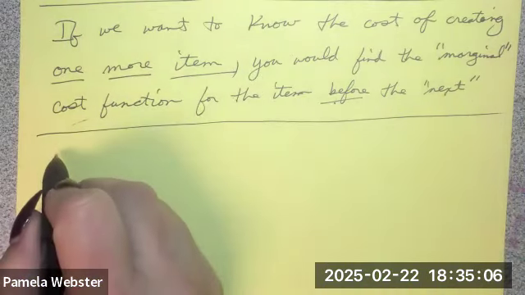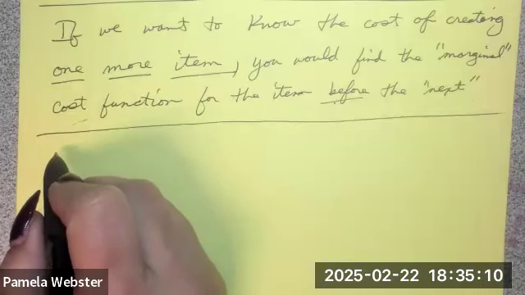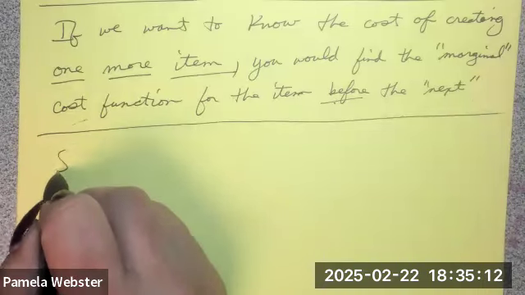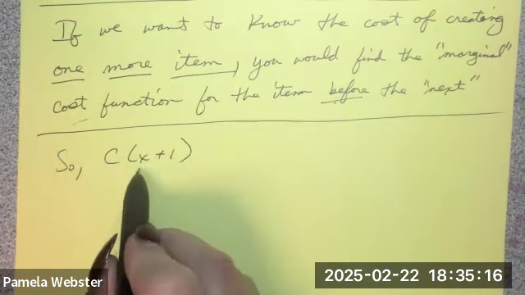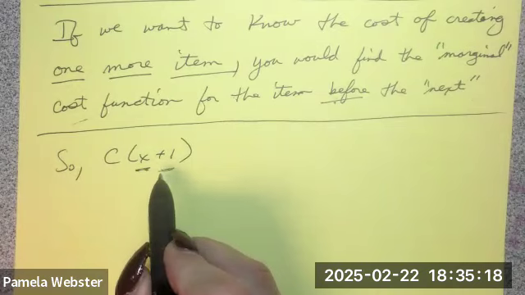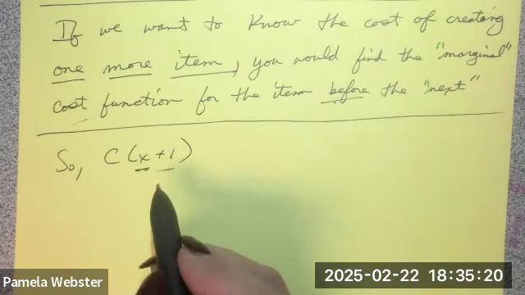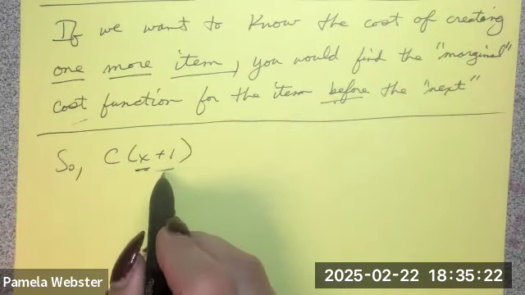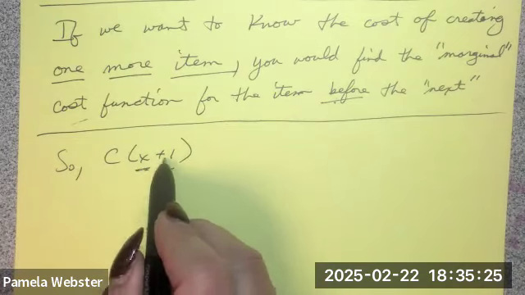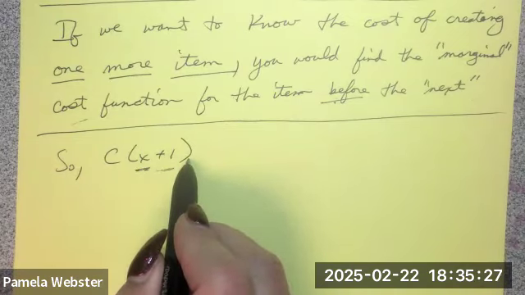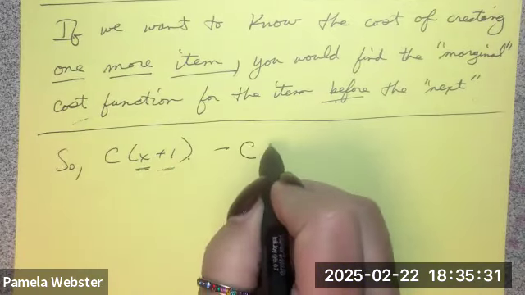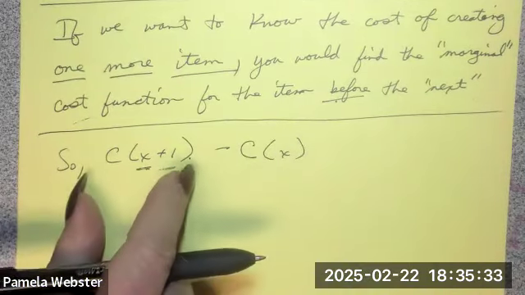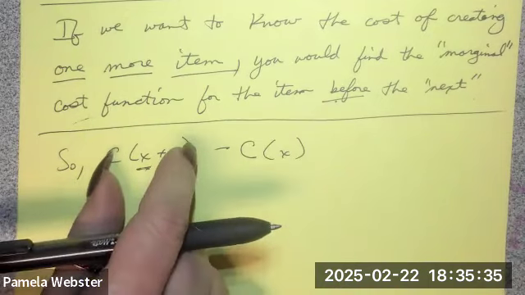So what we're saying is, and I'll get you a hardcore example in just a second, if you want to know the cost, we're sitting at X. If you want to know one more item, so X plus one, then what we do is we subtract the cost for all of them.